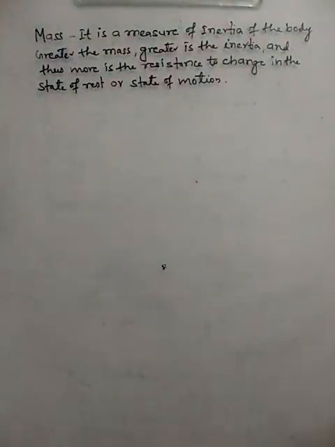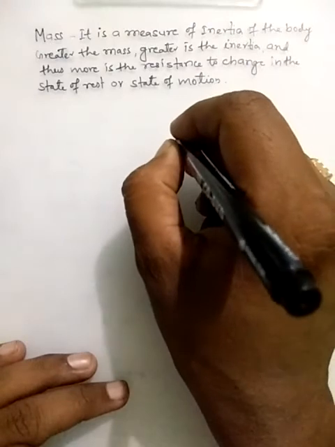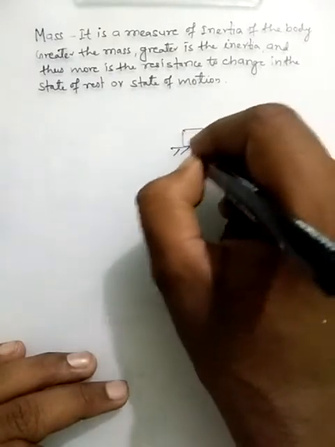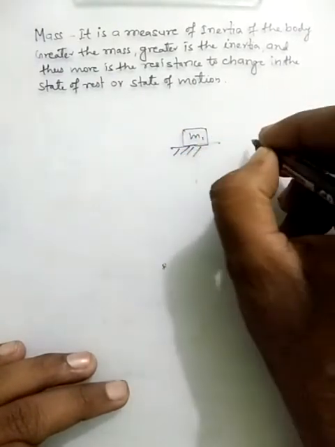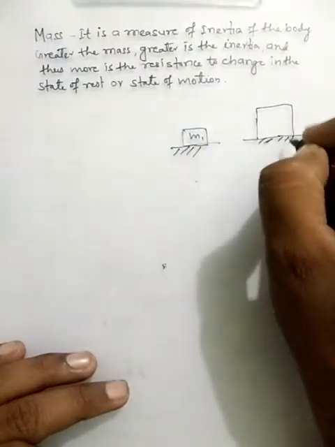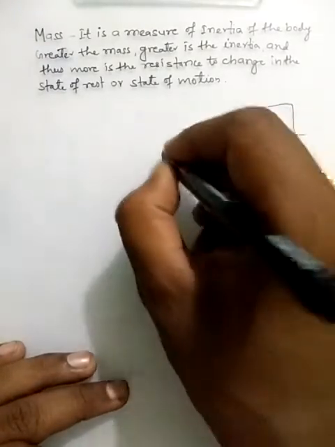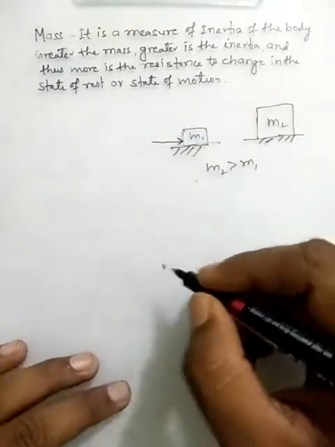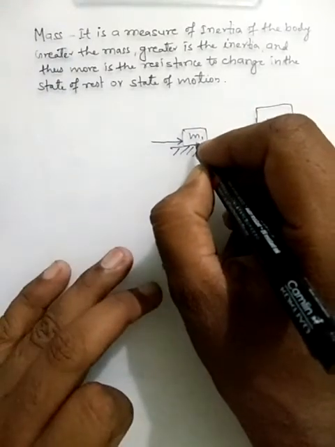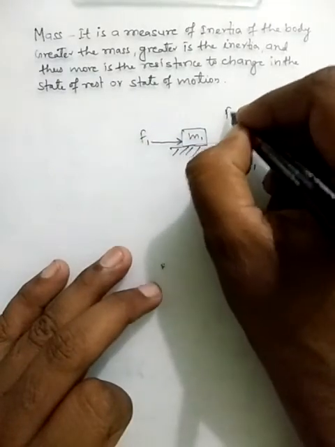If a body has mass m1 and another body has mass m2, where m2 is greater than m1, then to change the position of the masses m1 and m2, forces f1 and f2 are required.